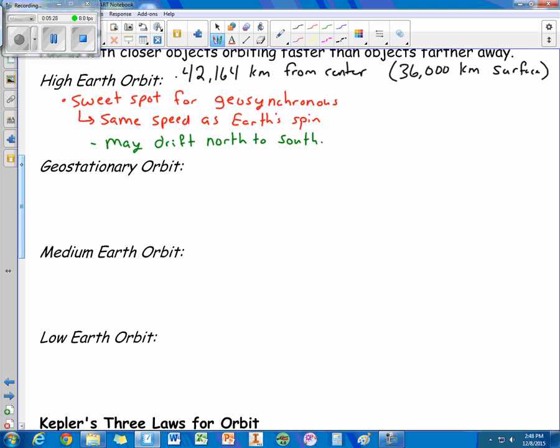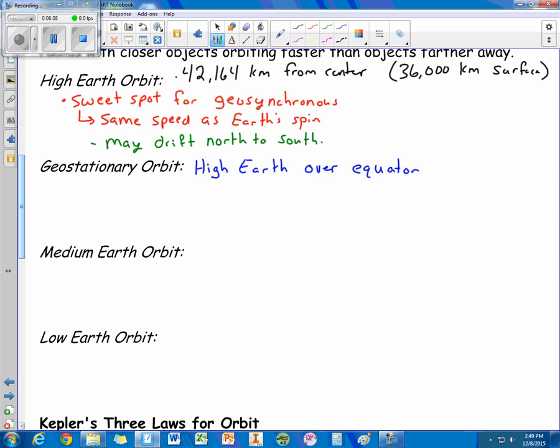Geostationary is a form of high Earth orbit, so it's the same distance. It's just a high Earth orbit over the equator. This is where all of our satellites are for TV and all that stuff. They're over the equator, and that's why, when they install the dish at your house, they point it to the south, because the equator is south of us.